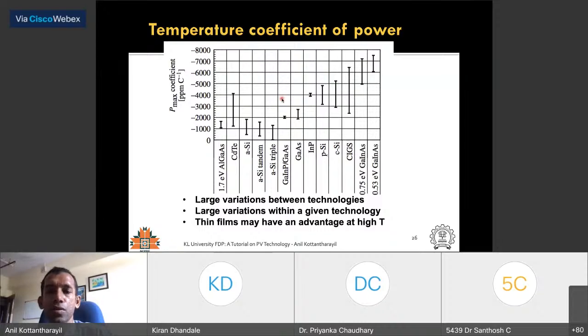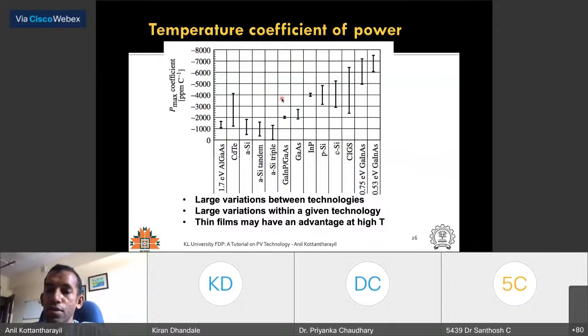So 25 was what it was specified for. Now you are increasing this by 25 degrees more, right? Every degree centigrade, there will be a 0.4% reduction. So 0.4 times 25 would be about a 10% reduction. So a 100-watt module would now give you only 90 watts.